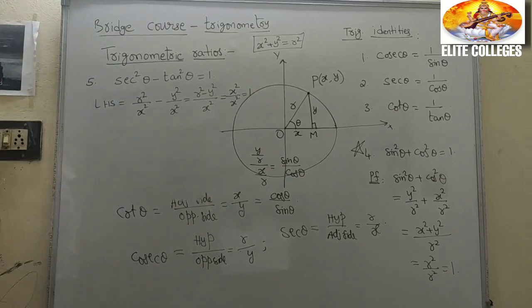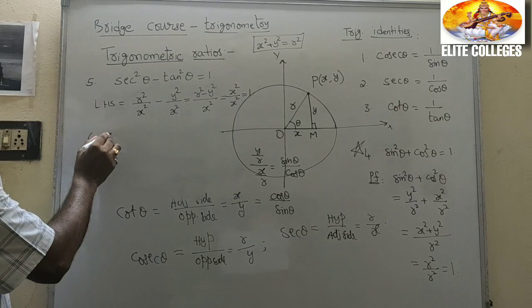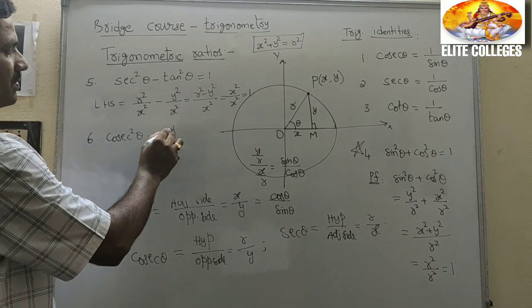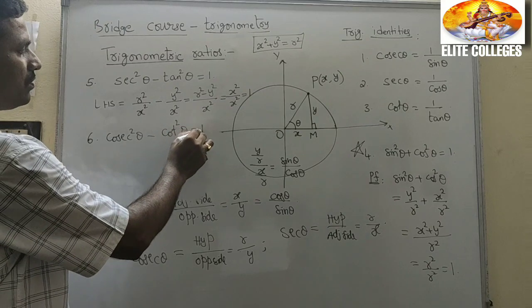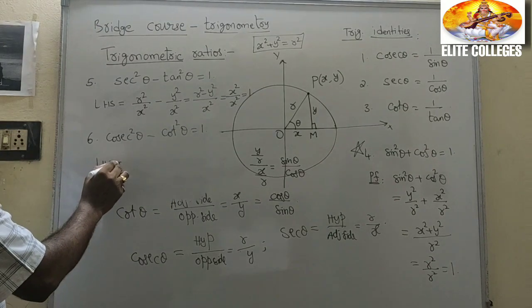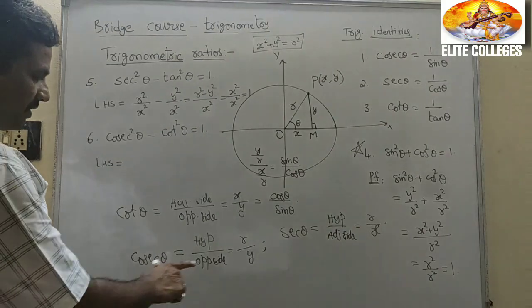Next one, cosecant square theta minus cot square theta equal to 1. Prove this one. What is the LHS? What is the cosecant square theta?